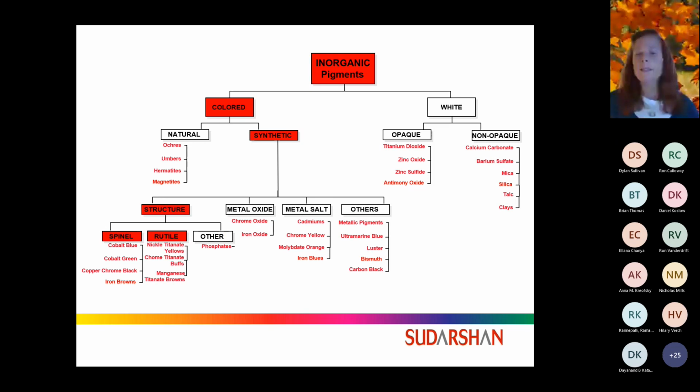Just to drill down a little deeper in the inorganic side of the pigment house, of those structured synthetic inorganic pigments, of which the CICPs fall in, there are two main classes, the spinels and the rutiles, and you might recognize a number of these chemistries in your usage today. But it gives a little more in-depth into how some of these might fit into the different categories of colorants.